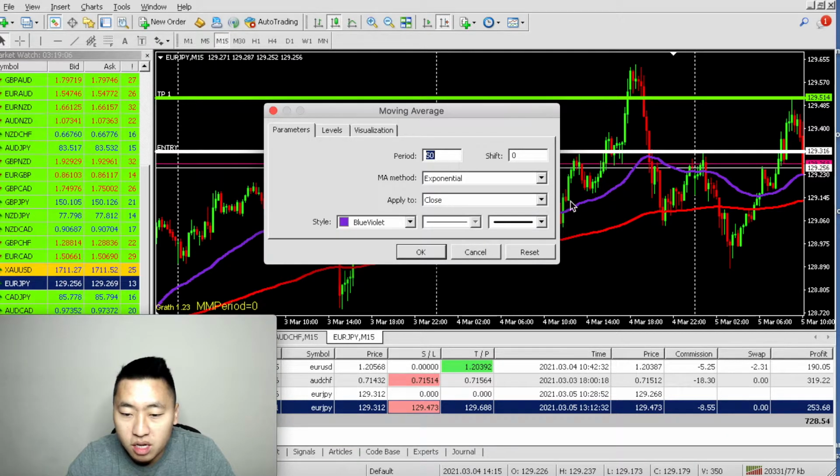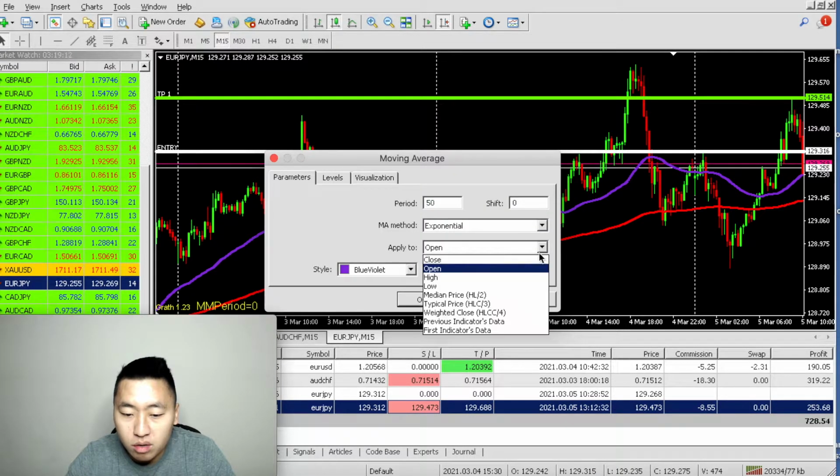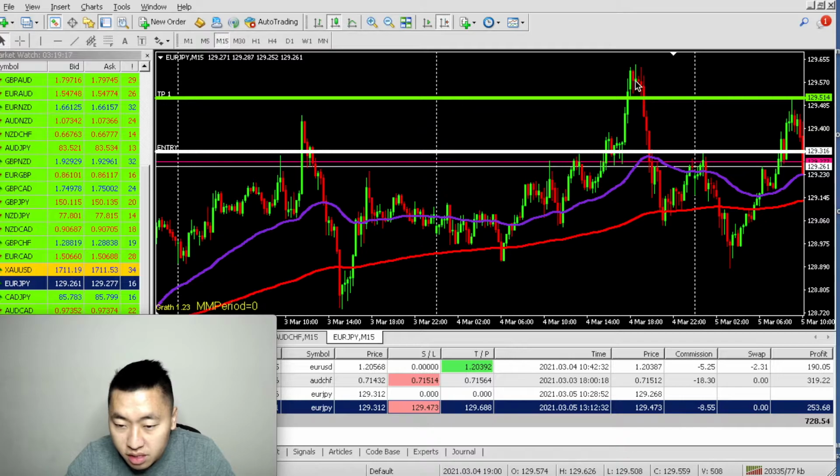If I do open, it would move very little. But I like to do close, so you can see that price is closing. Every time price is closing lower and lower, you see how it's dropping, then the moving average starts to drop. When price becomes consolidating like this, the moving average goes sideways.